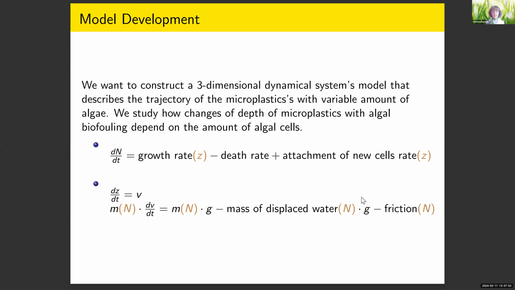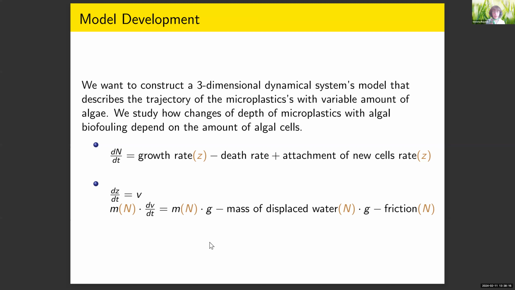The interesting thing is that now growth rate depends on the depth. We will assume that death rate is constant, and the attachment rate also depends on the depth, because in the deeper waters, there is a smaller chance of new cells attaching to this aggregate.